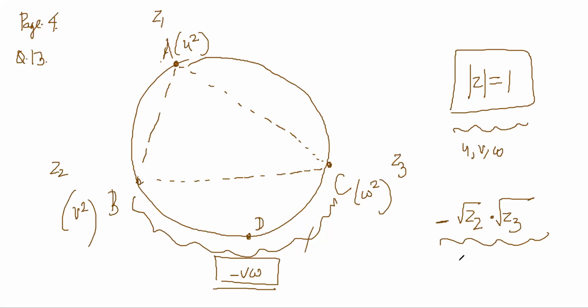That's almost the answer in the sheet: root Z2 Z3. Actually, there might be a slight difference here because the radius of the circle is different.